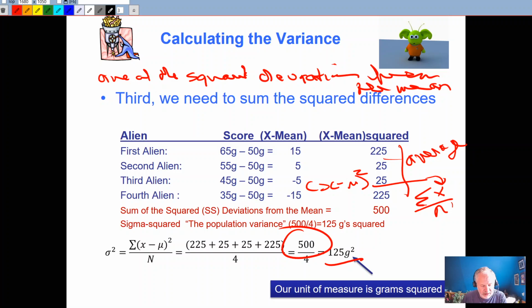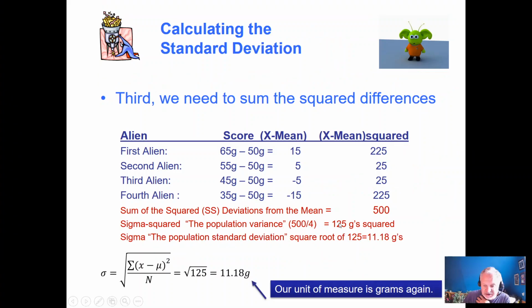Now, the unit for my variance is 125 grams squared. So as a descriptive statistic, I want that to be in my original unit of measure, grams.